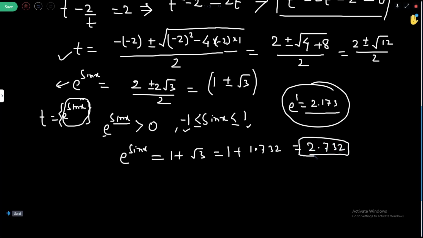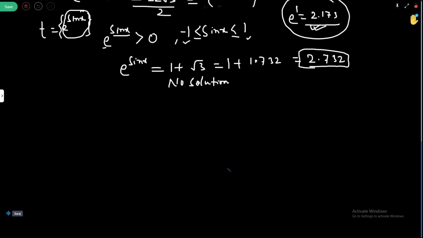Here your value would lie above the maximum, so for 1 plus root 3 you have no solution.